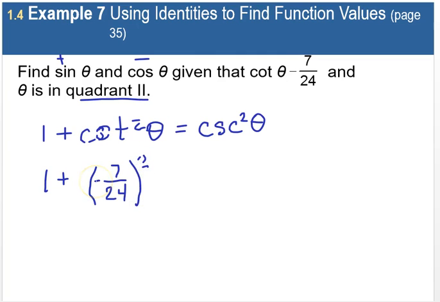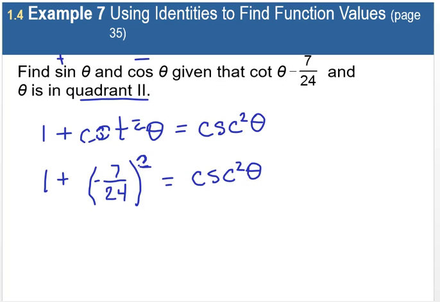That's negative, but it doesn't really matter when you square it. And that's equal to cosecant squared. There we go. Now let's figure out what this side of our equation is equal to.